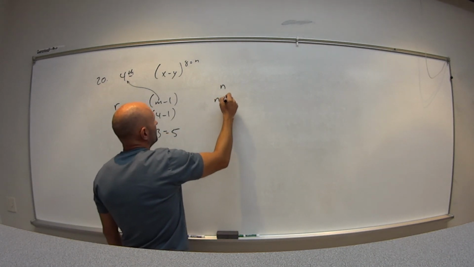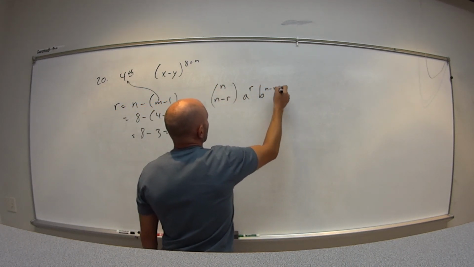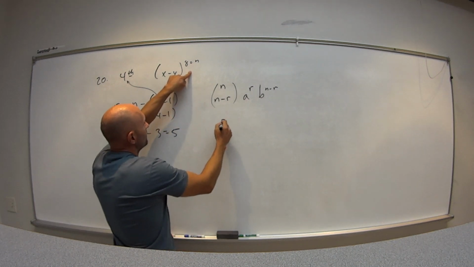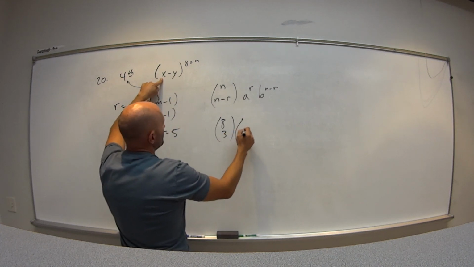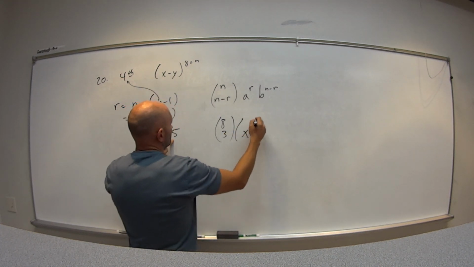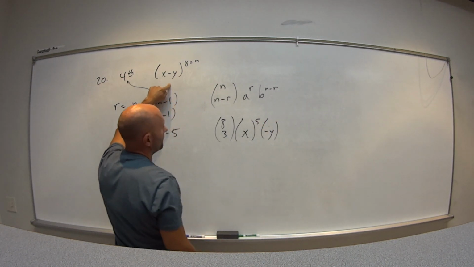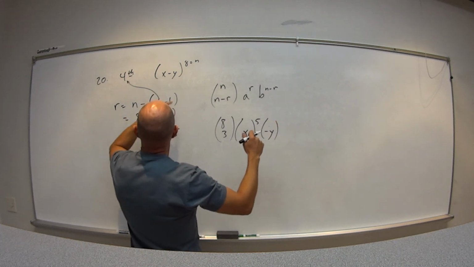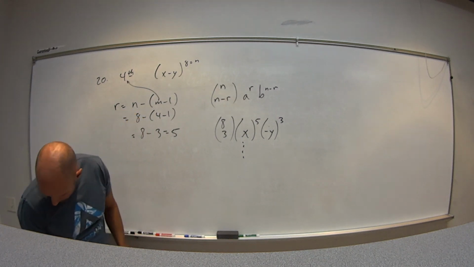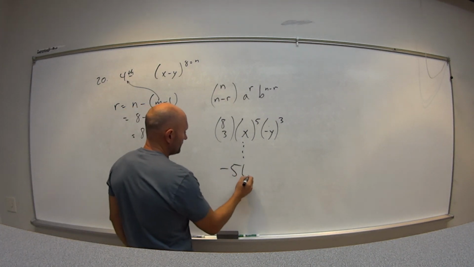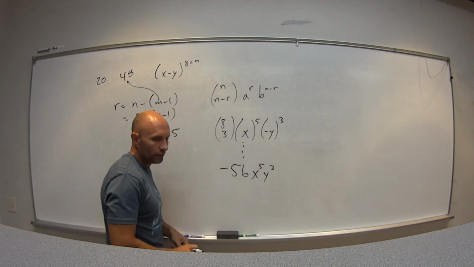So our formula is n choose n minus r, a to the r, b to the n minus r, so that's going to be 8 choose n minus r, so 3, our a, which is x, to the r, which is 5, b, which is negative y, make sure you're using the negative there, to the n minus r, so 8 minus 5 is 3. You calculate all that, and you should get negative 56 x to the fifth, y to the third.